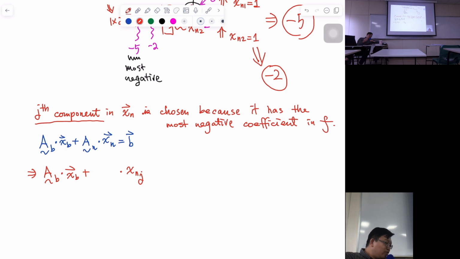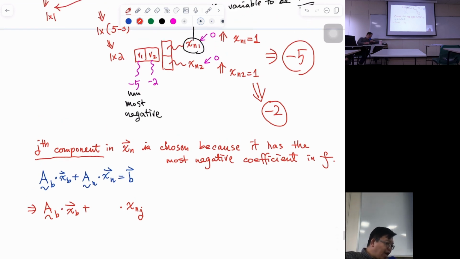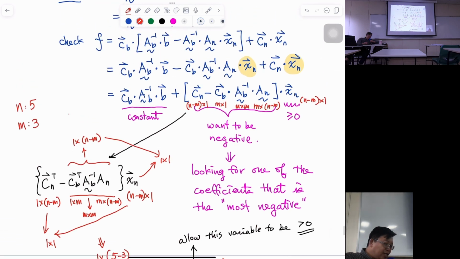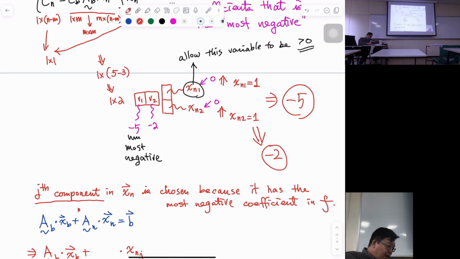Once I do that, we know our An is an m by n minus m matrix.